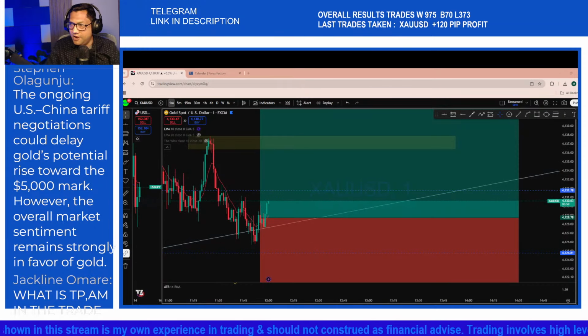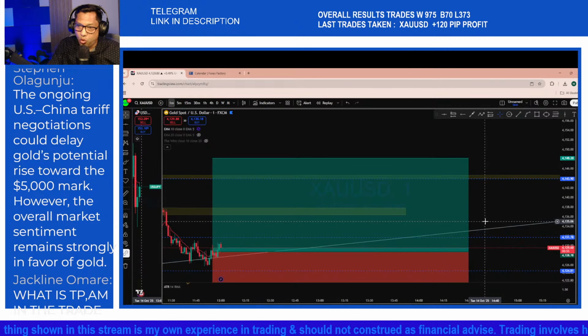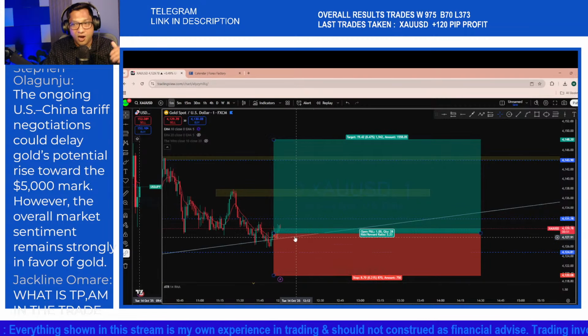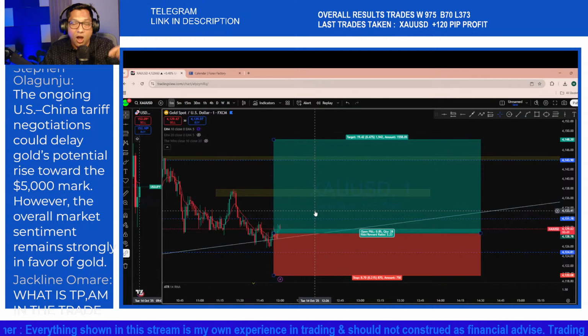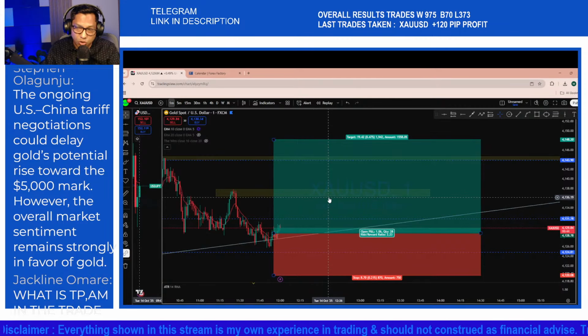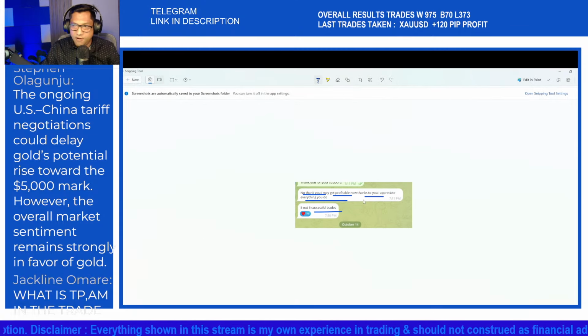The TP here we set at the 4148 level, but we might manage the trade earlier. We'll see how much it's going to go, and then based on that we will be managing the trade accordingly, right?